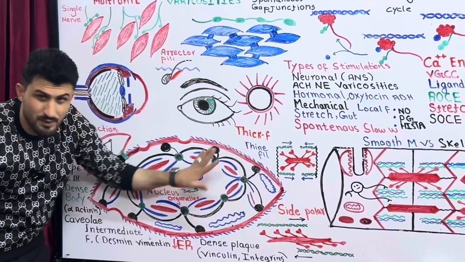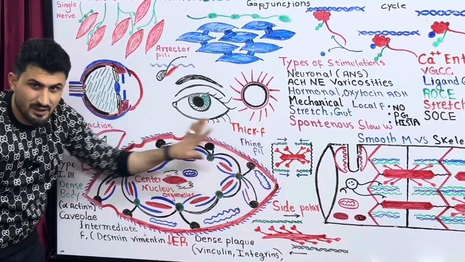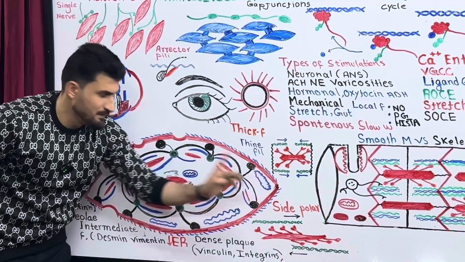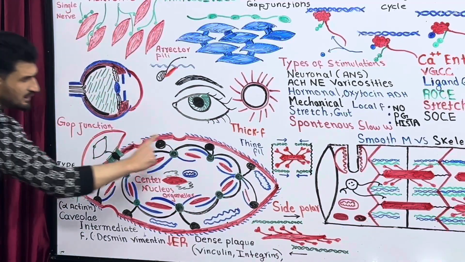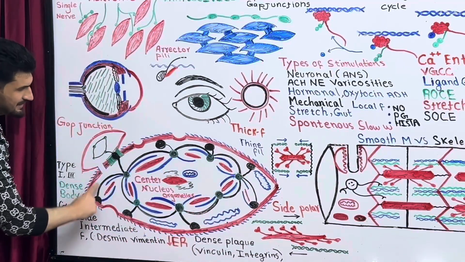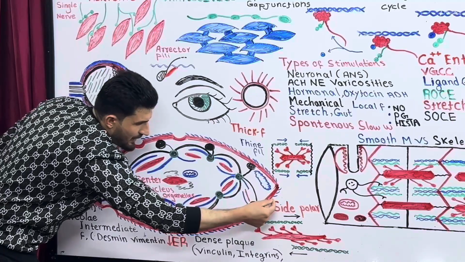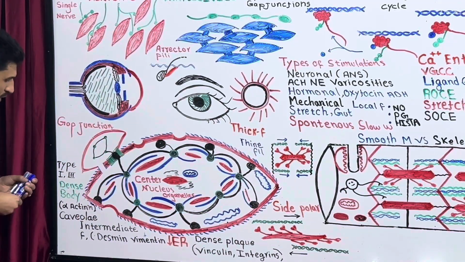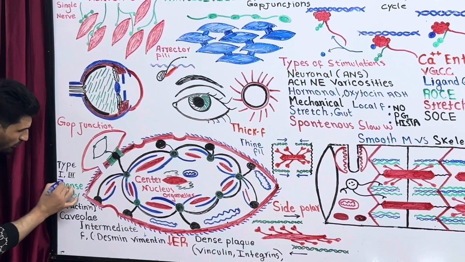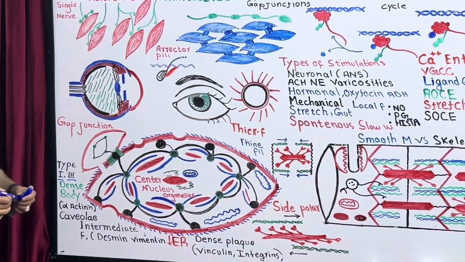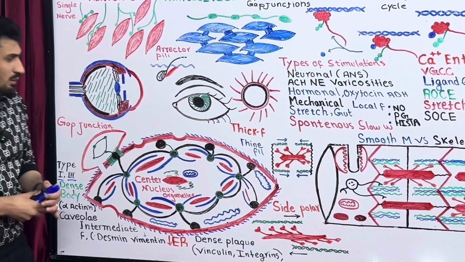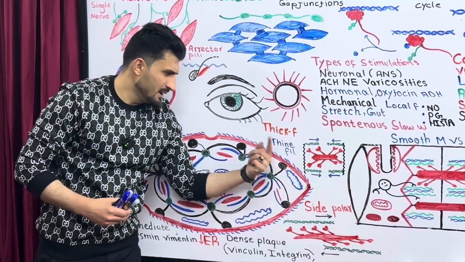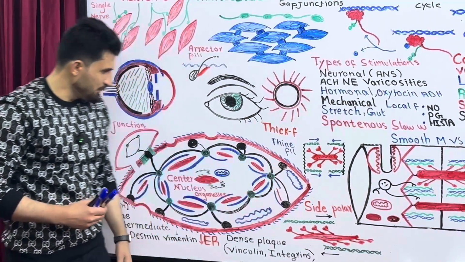It has a fusiform, spindle-like shape, tapered at its two ends. Plus, a smooth muscle cell is covered by a thin layer of connective tissue, which is made of type 1 and type 3 collagen. And it also has a cell membrane. We know that all cells contain a cell membrane.